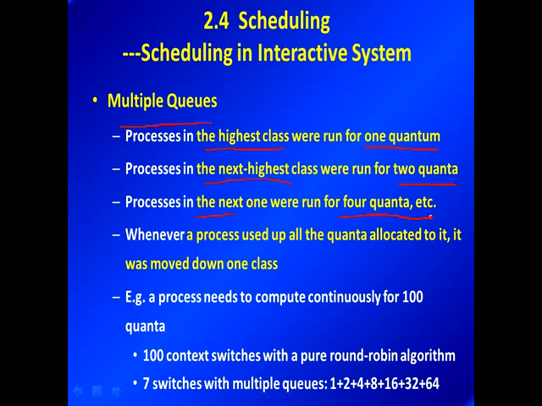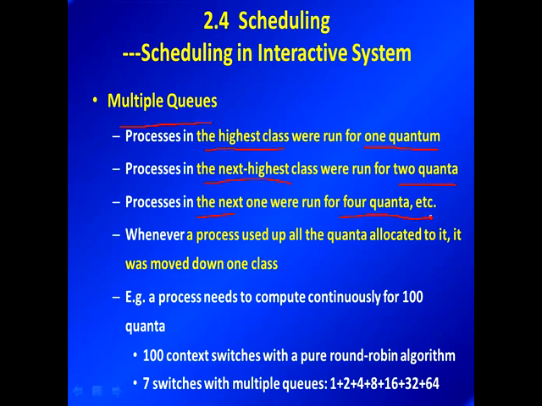with the multiple queues algorithm, because every time it needs to handle the I/O operations, it just needs a very short time to run some instructions.